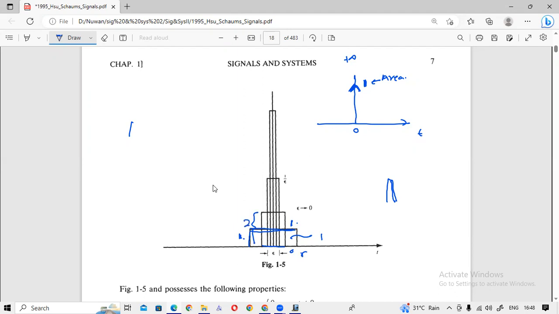Again the area is 1. And if you take this length 0.25, and this length 4, again it is 1, no? Likewise, if you take very little width, you have to take very high height, big height, to make this area 1.